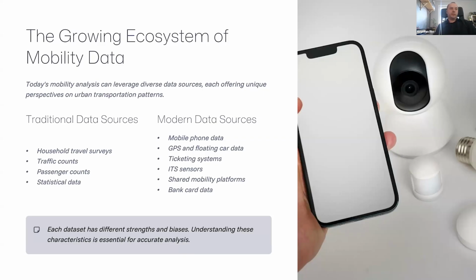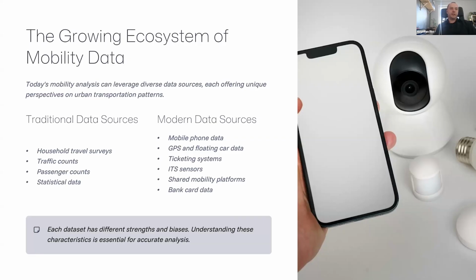Of course, we can do traffic counts, passenger counts, or just use statistical data. But we also have some new data sources like mobile phone data, GPS, and floating car data, where we can identify on which part of our road network we have traffic jams and wasting of time, etc.